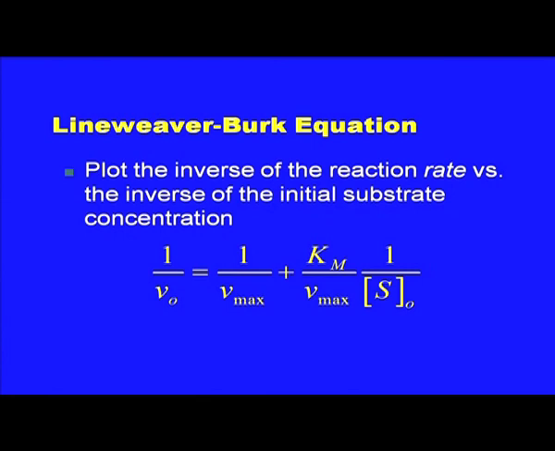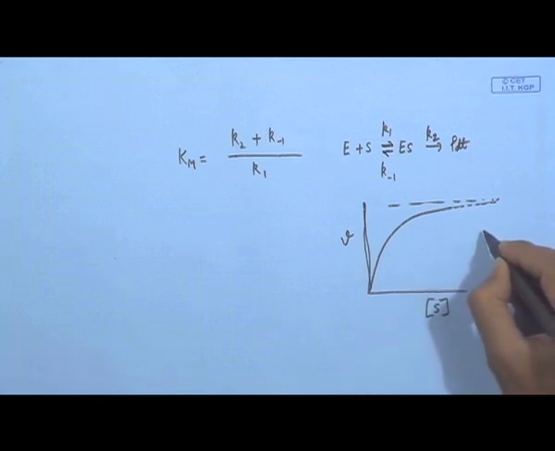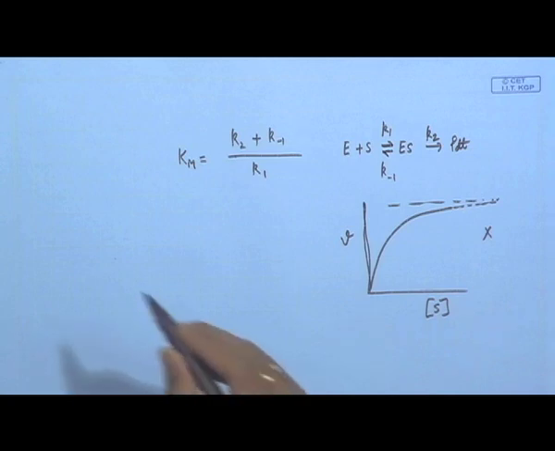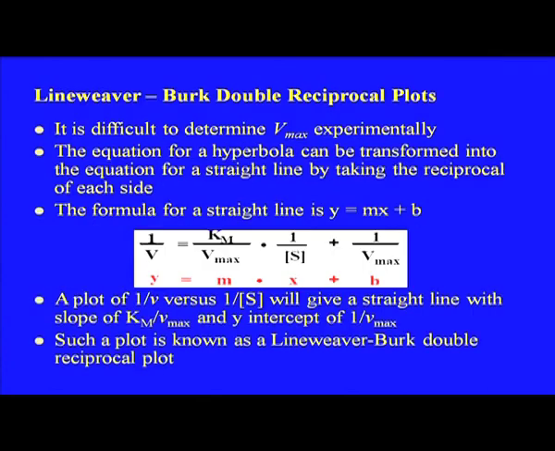So, it is easy to handle rather than doing it in a non-linear fashion. So, this is the velocity and this is your substrate concentration. This is not a good choice, so we do not use it in general. So, you have to use the Lineweaver-Burk plot. There are other plots also, but this is the celebrated expression.